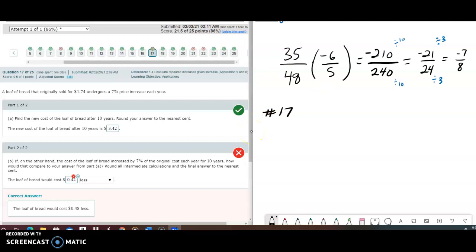This is exponential growth because it increases by that same percentage. So I would take the original cost and multiply it by 1.07, the 7% written as a decimal and then add 1 to it, raised to the number of years, so 10. And so that is correct. You end up with $3.42.